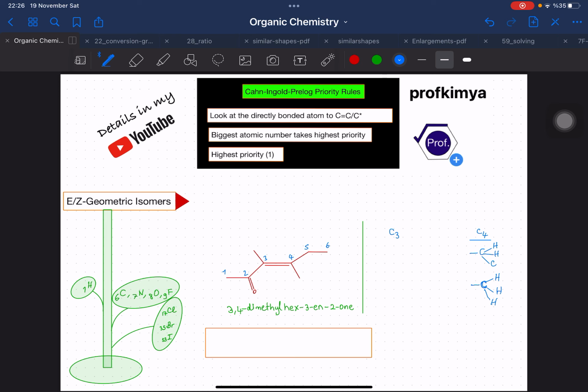So first rule in Cahn-Ingold-Prelog priority rules, look at the directly bonded atoms. Biggest atomic number takes the highest priority.